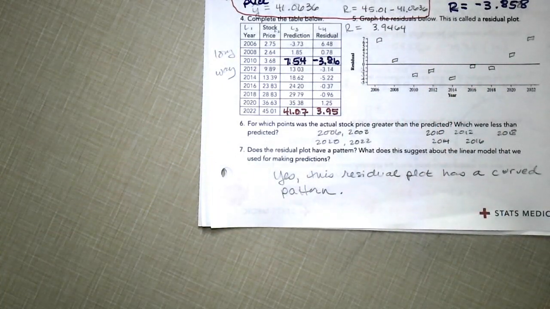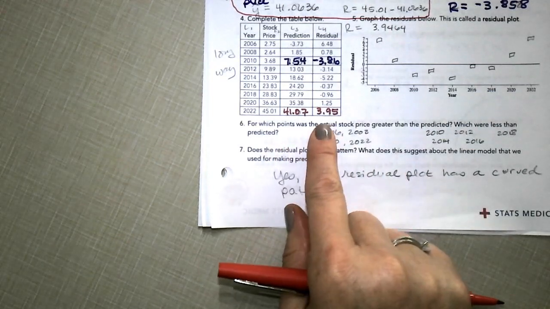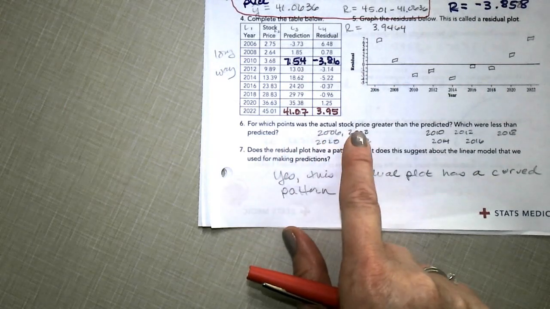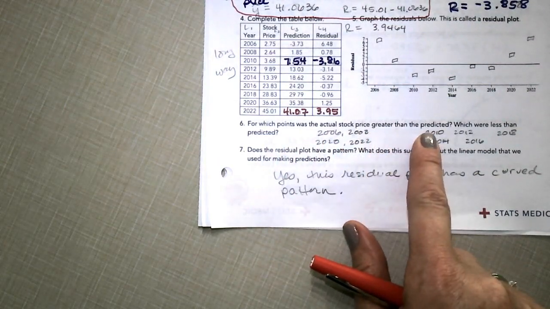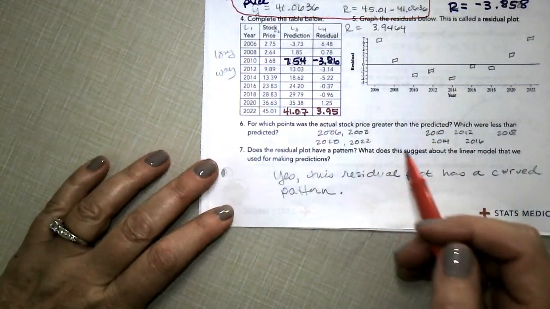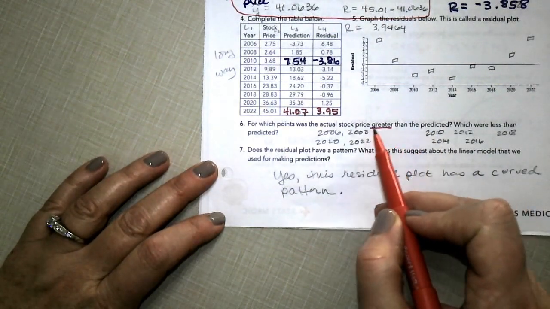Okay. So the reason we have to square residuals is so that they're all positive, because otherwise once we add all those up, it could zero out if it wasn't squared. So you can see either by this chart, well, which points was the actual stock price greater than the predicted. Okay, so greater than predicted was here.